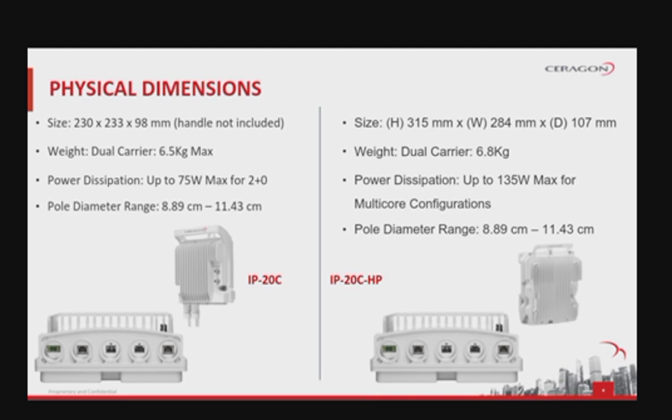The ip-20c has a max weight of 6.5 kg, while the high power version is 6.8 kg. The maximum power dissipation is 75 watts with both carriers active for the ip-20c and up to 135 watts for the 20c high power. Both can be mounted on a pole with diameter ranging from 8.89 cm to 11.43 cm.